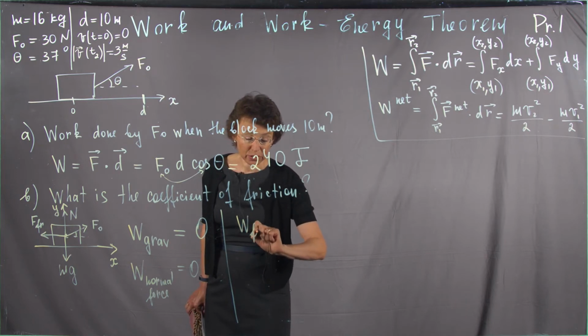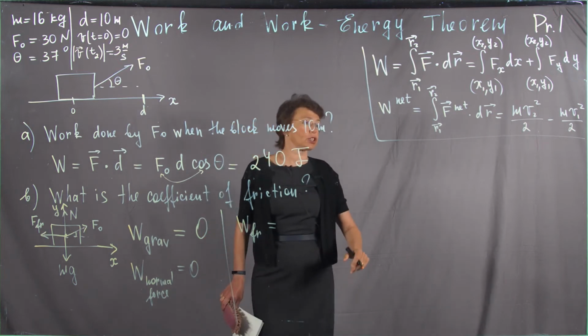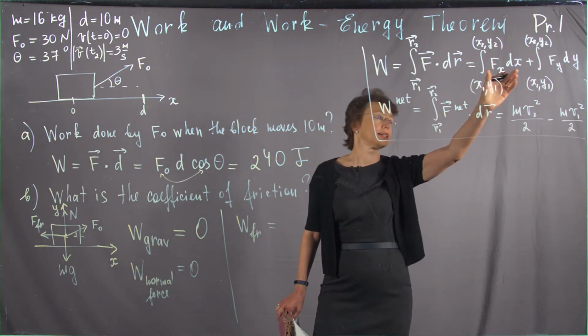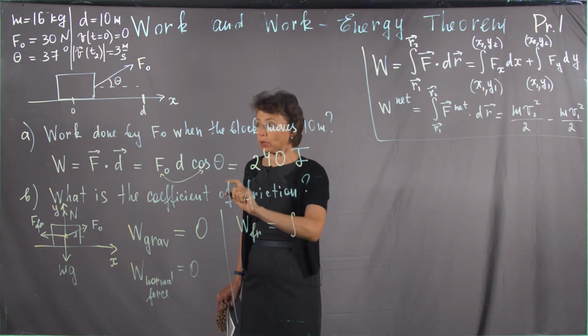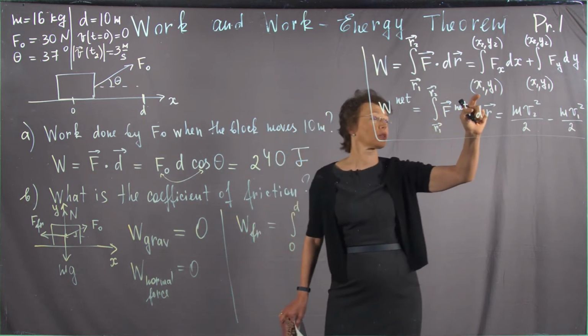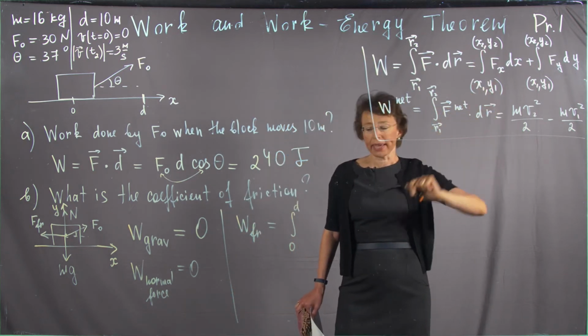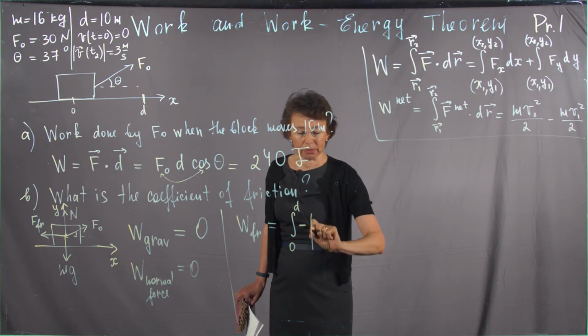Next, what is work done by friction? Work done by friction, I will probably write this integral. We go from 0 to d, from x1 to x2. F sub x is minus mu n.